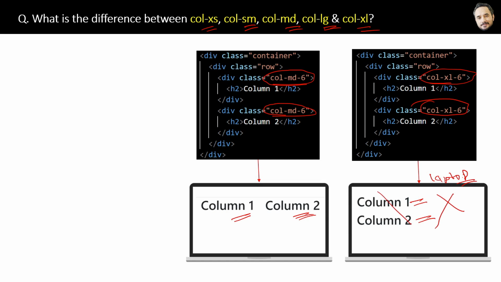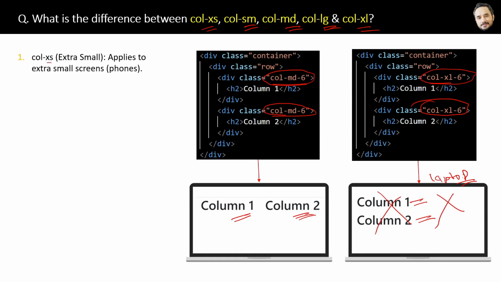So for col-xl class, laptop is basically of small size, and it needs ideally a big screen like a big TV to show it in the horizontal manner. So mostly the normal website targets col-sm and col-md only, because these two target tablet or laptop screens. Now let's see the target screen for other classes.